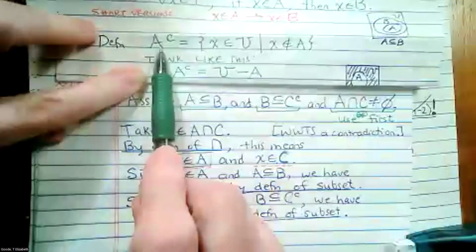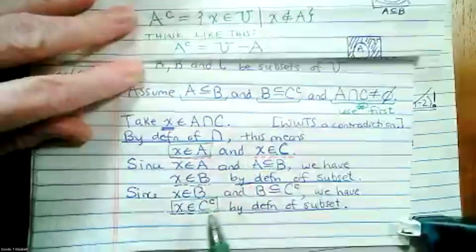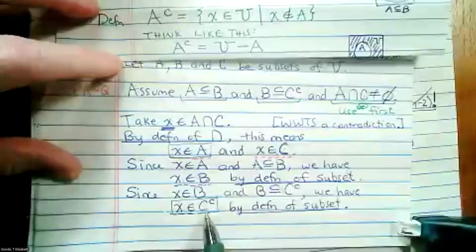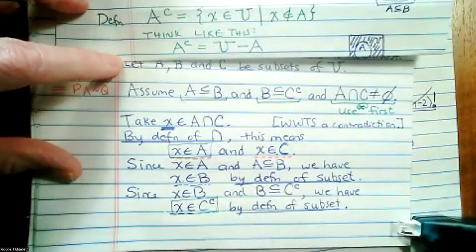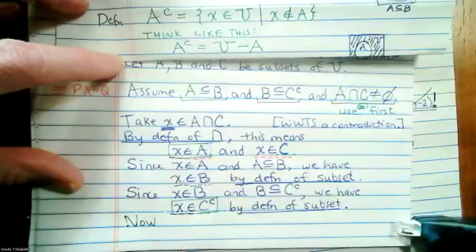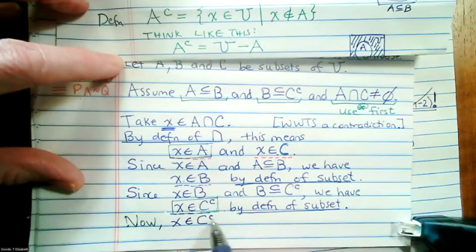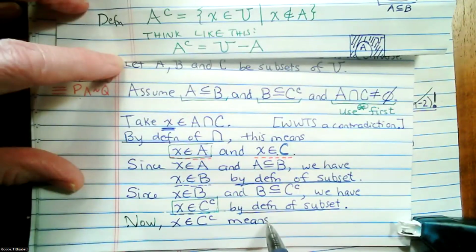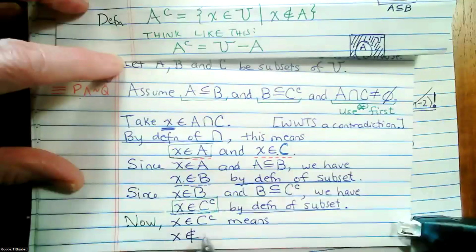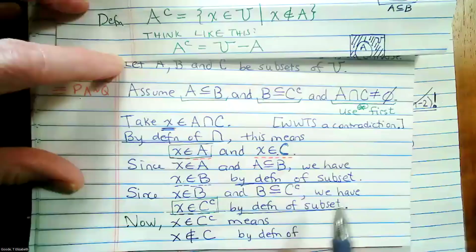If X is in A complement, that means X is not in A. So if X is in C complement, then it's not in C. So X is an element of C complement means X is not an element of C, by definition of complement.